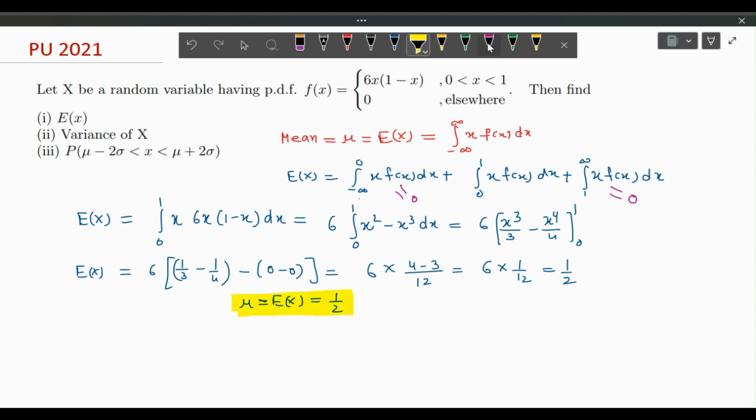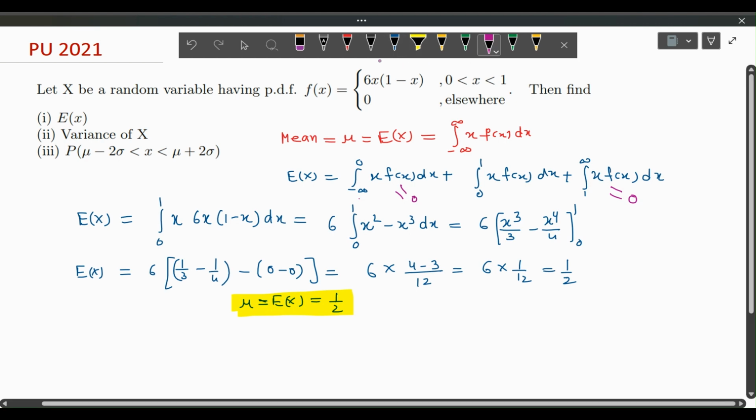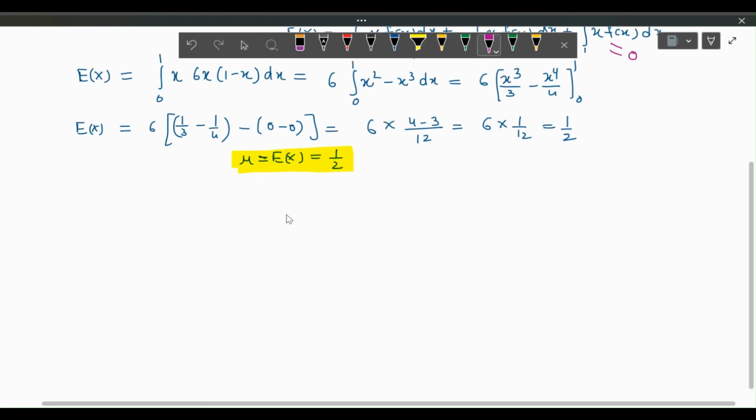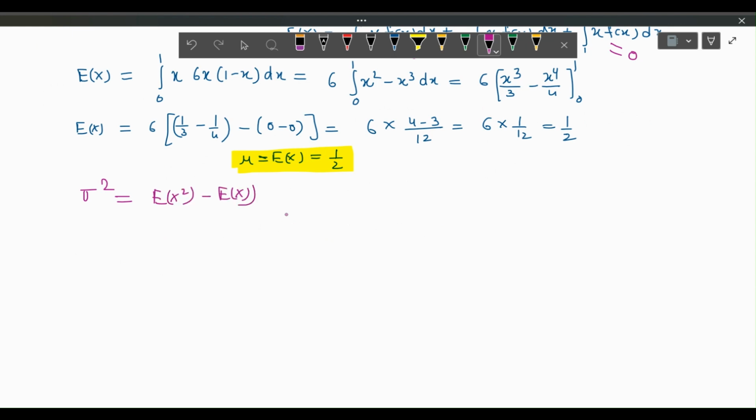Now find the value of variance. Variance of random variable x is defined as sigma square, which is expectation of x square minus expectation of x whole square. To calculate the variance we have to calculate expectation of x square. So expectation of x square will be the integration from minus infinity to plus infinity of x square f(x) dx.